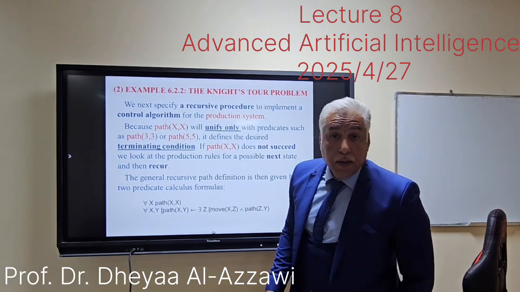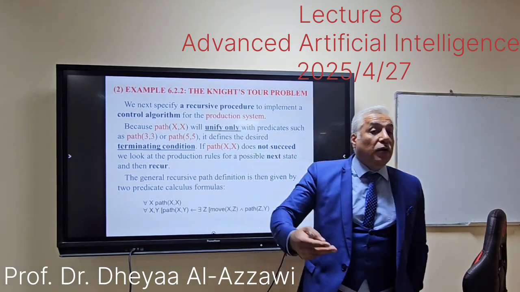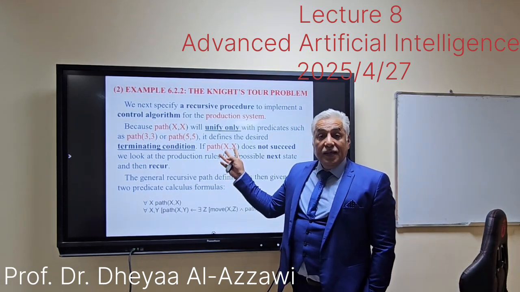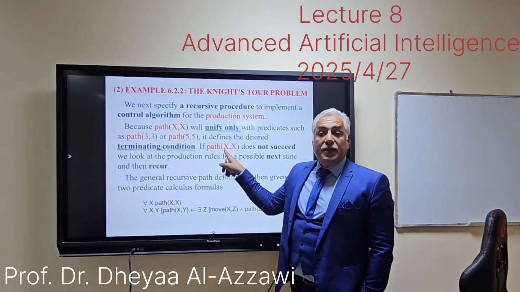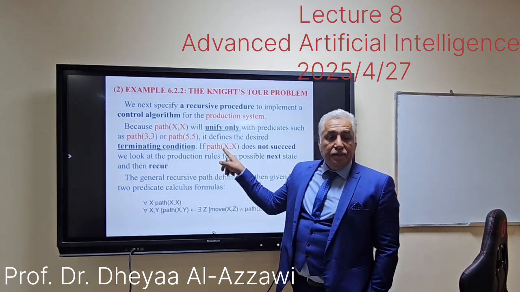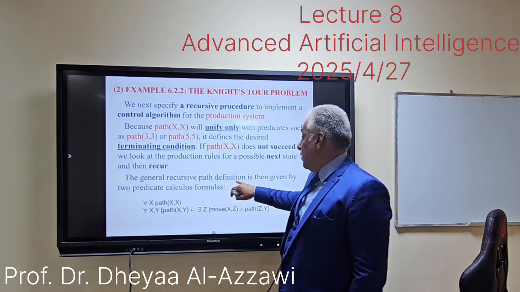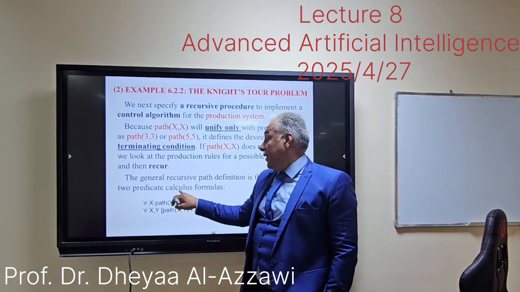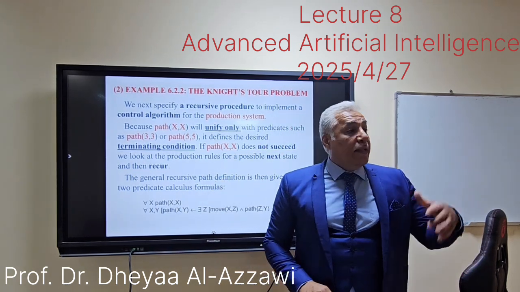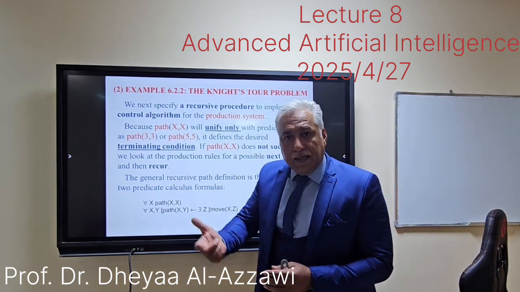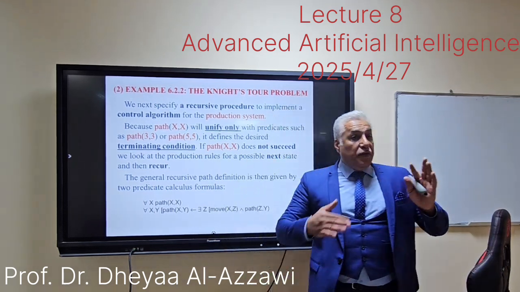If not, we will use the recursion algorithm to repeat the operation by using another new X, first X1. We look at the production, and the general recursive path definition is then given by the predicate calculus formulas. The predicate calculus, which is equivalent to the recursion procedure, consists of two parts.